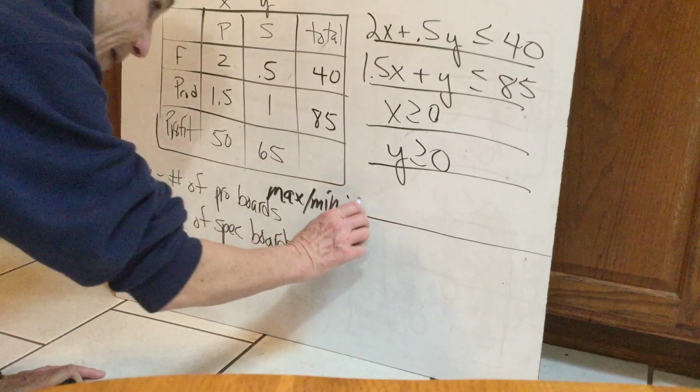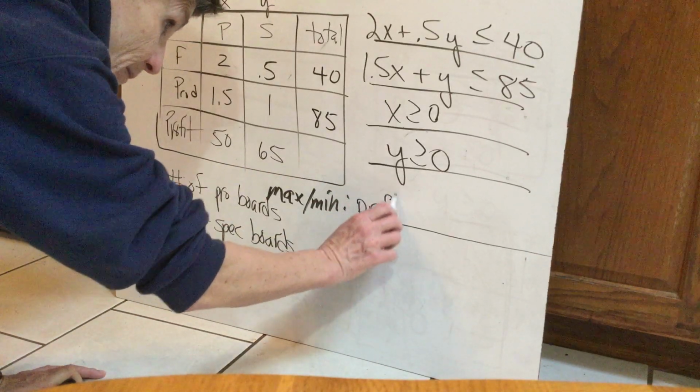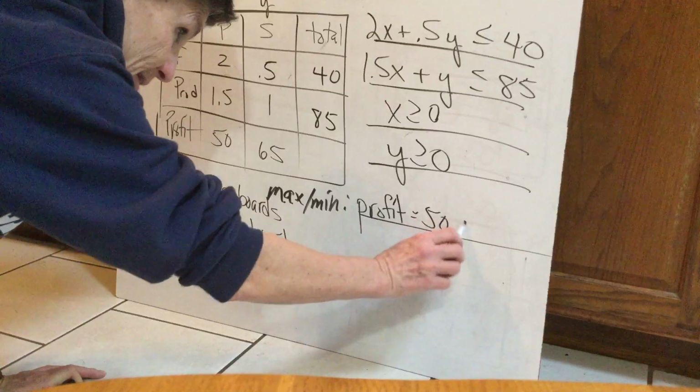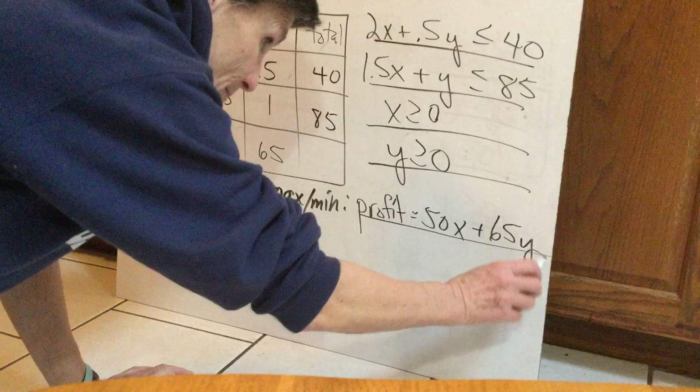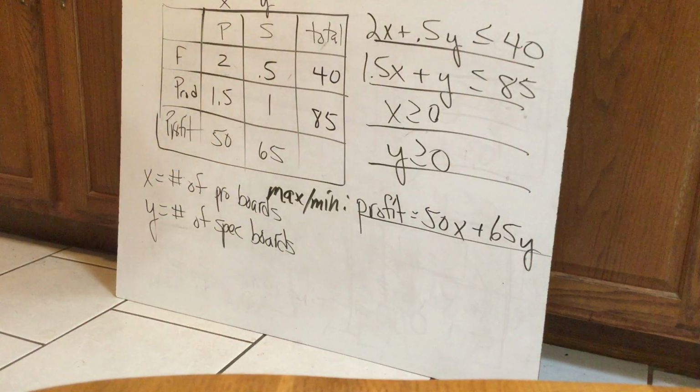And we know that our profit will be calculated by taking 50 times X and 65 times Y. All right, so you know what we do now? Yeah, now we're going to graph. Now, this problem involves big, big numbers. So you do whatever you want, but I would recommend that we change the scale.